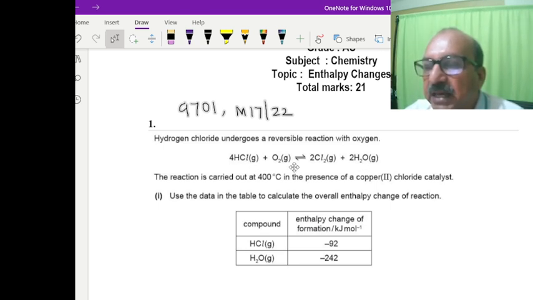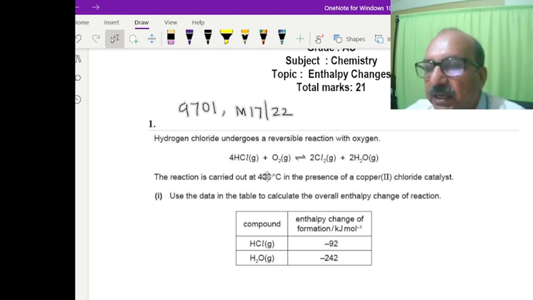So the physical states of the substances have been given. They really do not matter much in solving the problem because the enthalpy change also is given for the same state. So nothing you have to worry about.